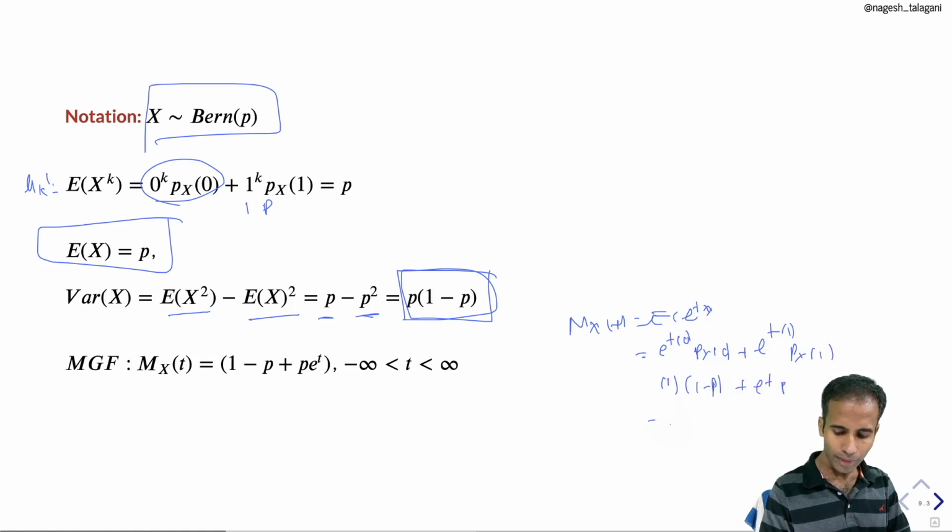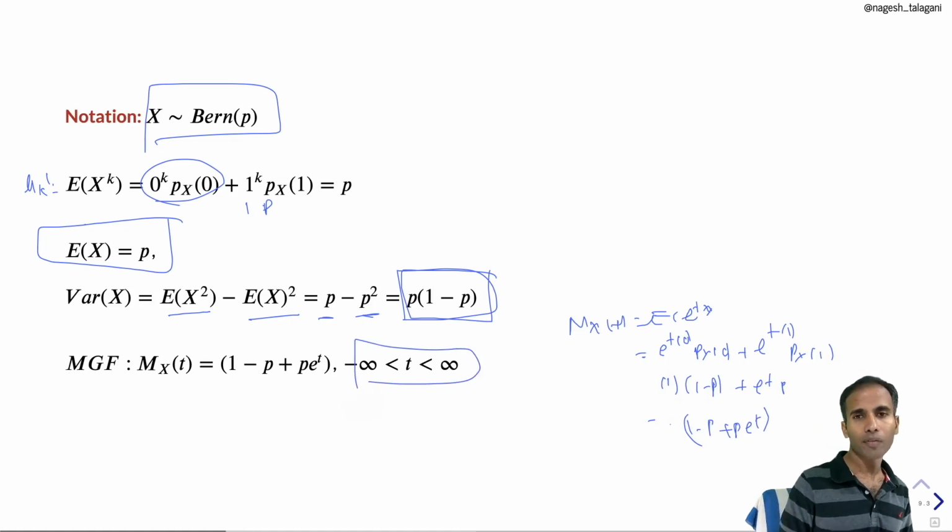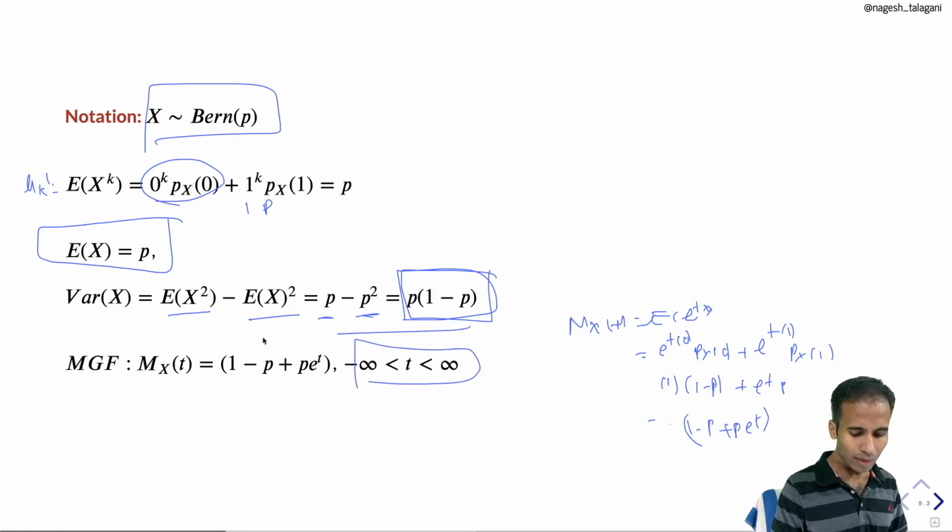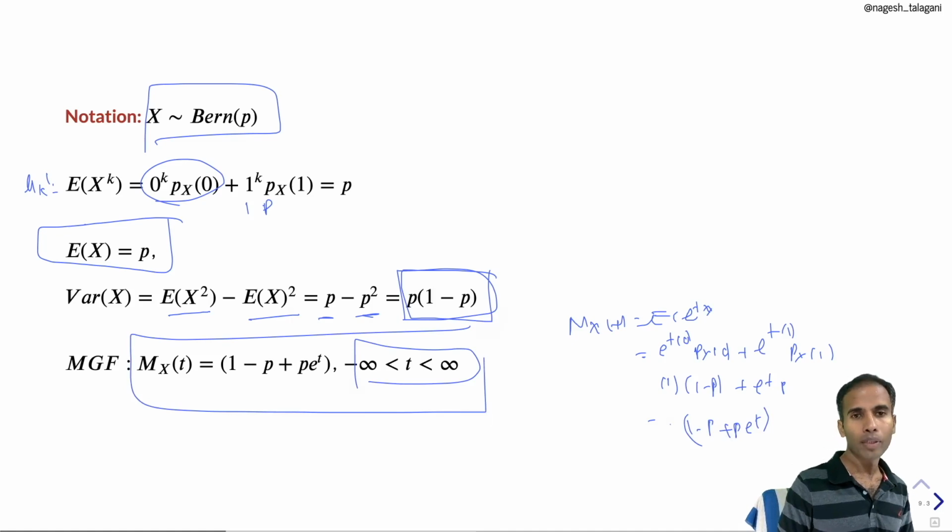So we can write it as 1 minus p plus p e^t, which makes sense for any t from minus infinity to infinity. This is the MGF for the Bernoulli distribution.